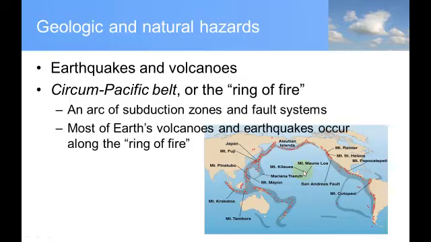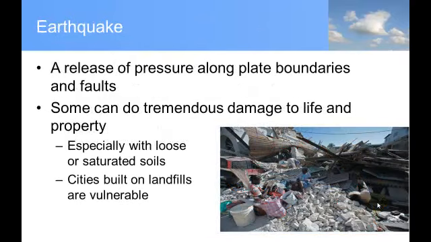Hawaii is sitting on top of what's known as a hot spot. For some reason, the mantle underneath Hawaii is very hot. It's got a lot of extra energy. And as a result of that, it's causing magma to be pushed upward to the surface, and it's literally punching holes right through the crust. And that's how those volcanoes form.